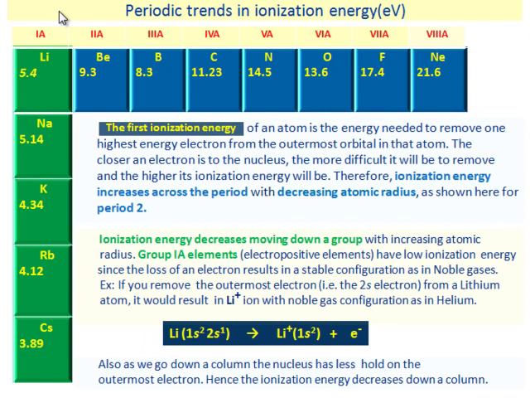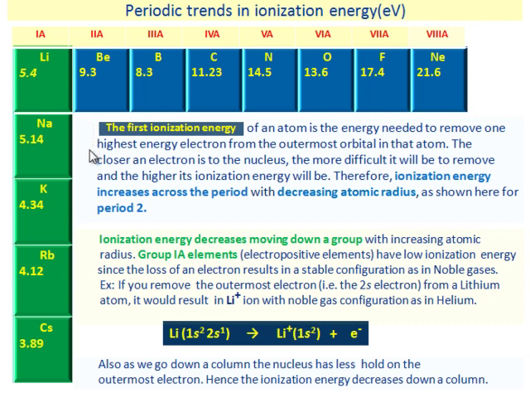Periodic trends in ionization energy, given here in electron volts. The first ionization energy of an atom is the energy needed to remove one highest energy electron from the outermost orbital in that atom.